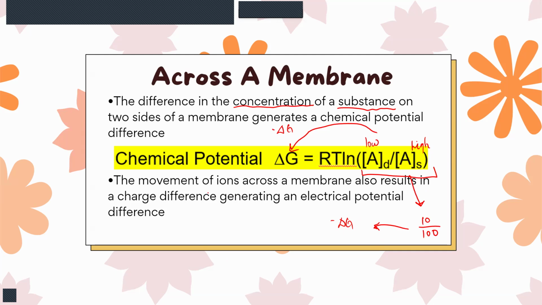The other component here that we have to account for is the movement of ions. So we're defining that substance, and basically saying, okay, the movement of ions across the membrane also results in a charge difference. But let's think for a second there. We're moving ions from one side of the membrane to another.